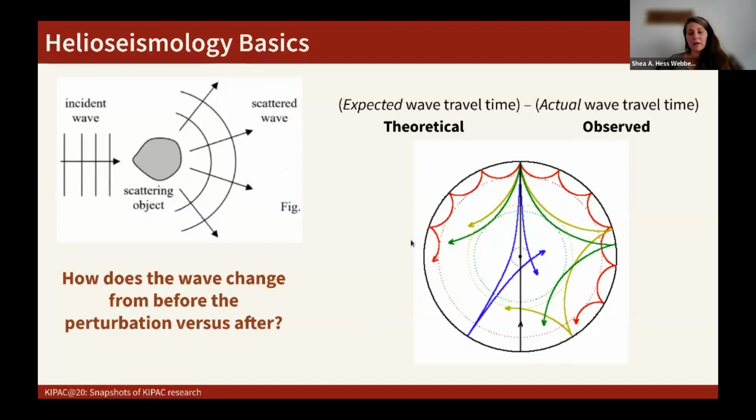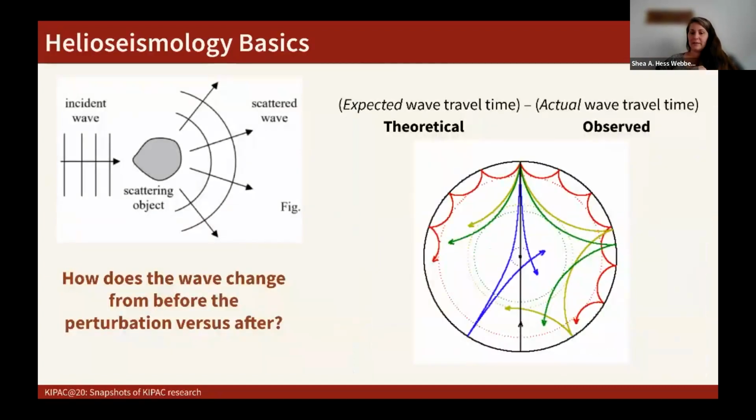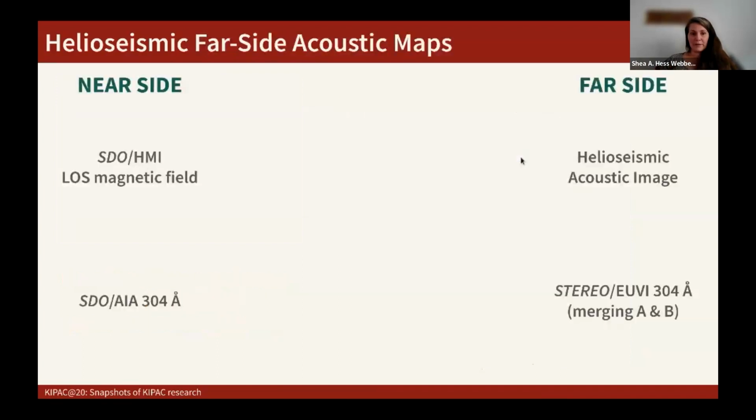Depending on the wave mode, you can look at much smaller features, like we would be here if I zoomed in on this image, or if you pick particularly large wave modes, you can actually look at things that bounce around the entire sun and can probe the side of the sun that is away from you. So that's pretty exciting, and that is the first thing that we've done.